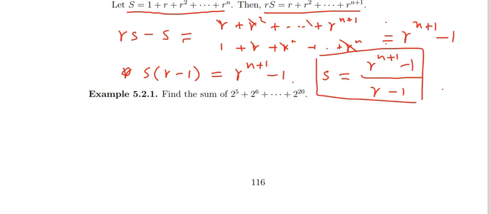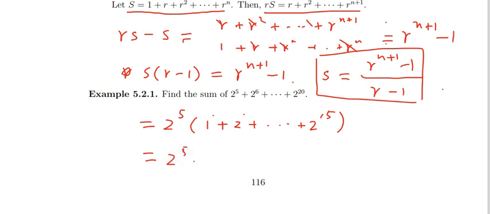For this problem, we just take 2^5 outside. This becomes 1 plus 2 plus 2^2 up to 2^15, right?